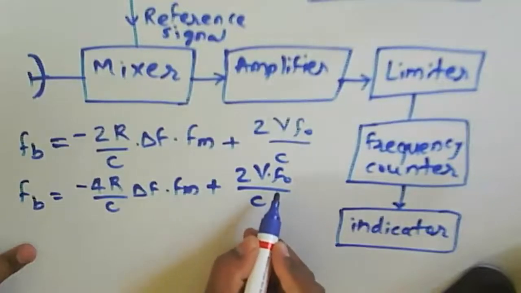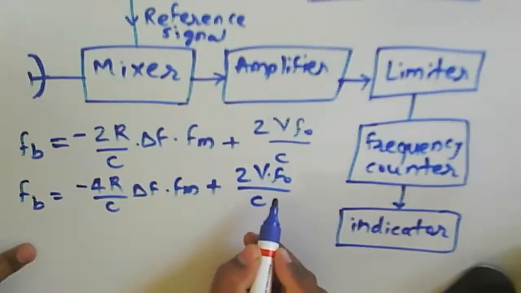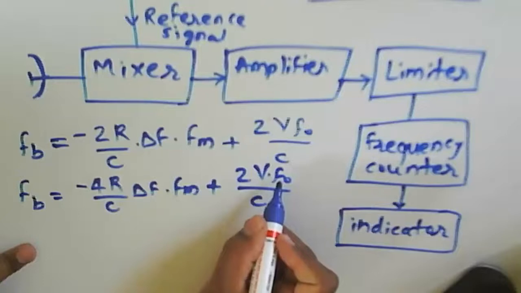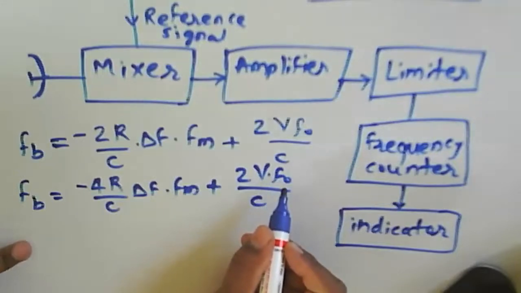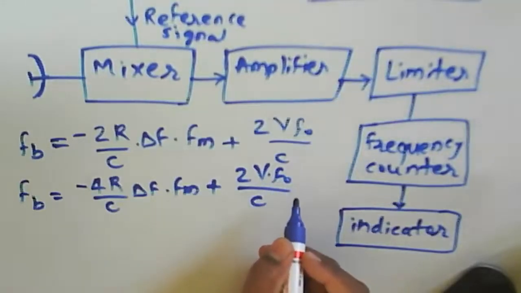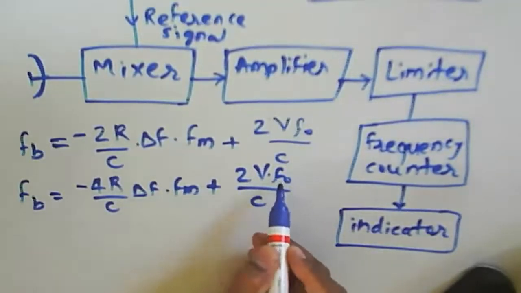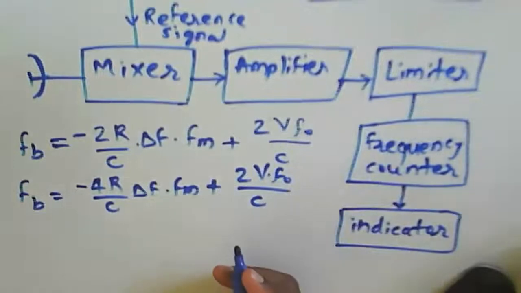And that F0 is nothing but the frequency of the signal being transmitted. Here FB is the beat frequency, and F0 is whatever signal frequency is being transmitted.